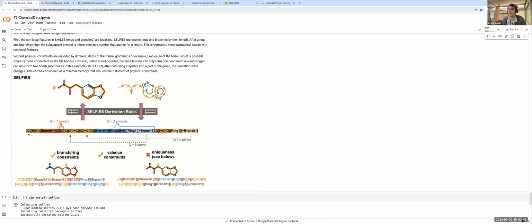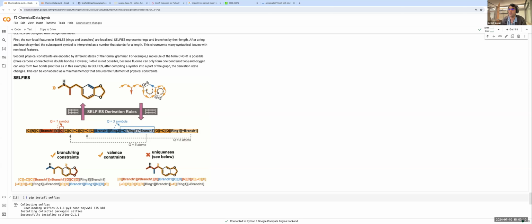But what they do is they actually have a syntax for indicating whether or not something is part of a branch. And the syntax is kind of interesting because it actually looks very similar to atoms. So if you go through this sequence right here and you reach this branch point, this C right here, even though it actually looks like a carbon atom, that's just indicating that you have one branch there.